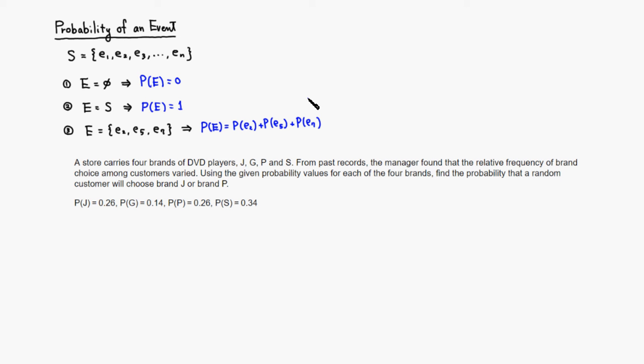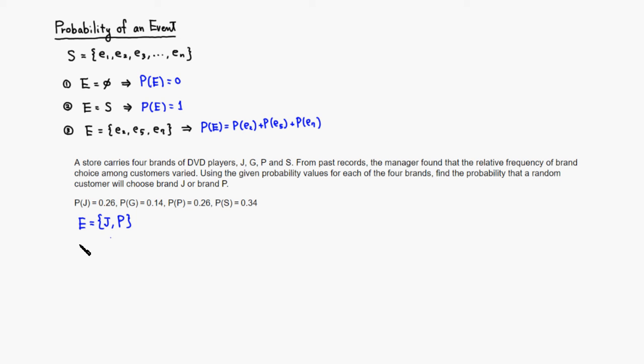Using the given probability values for each of the 4 brands, so this is an acceptable probability assignment, find the probability that a random customer will choose brand J or brand P. So we're talking about the event E, which is choosing either J or P.